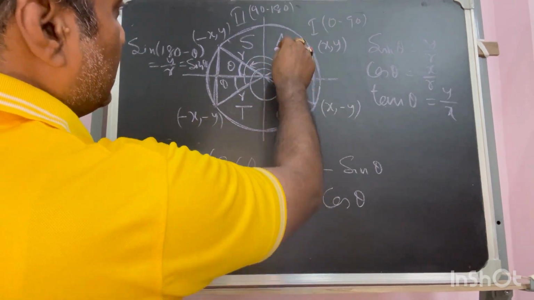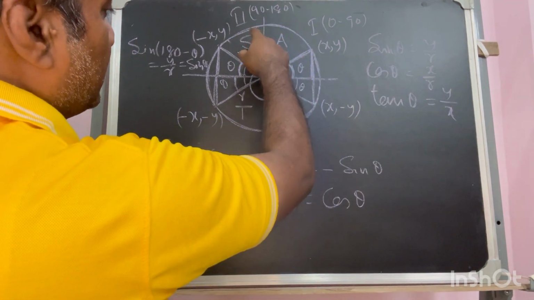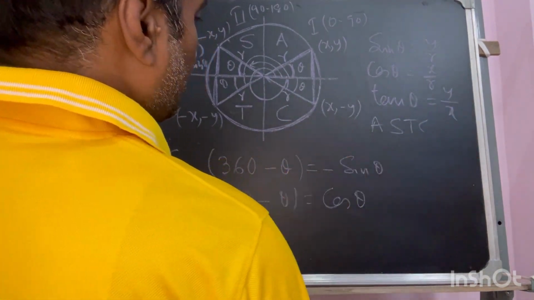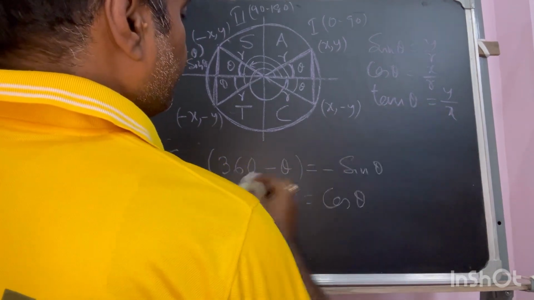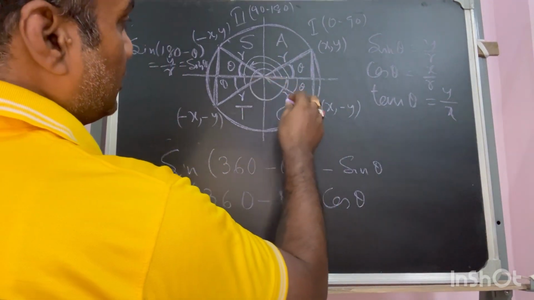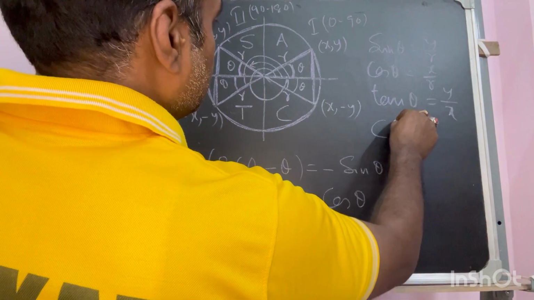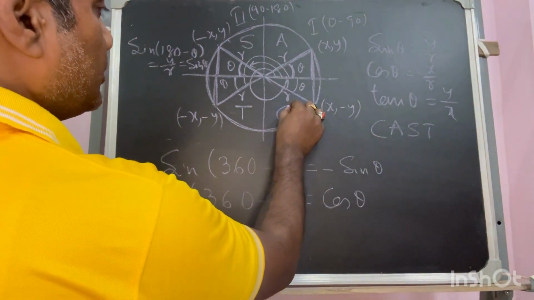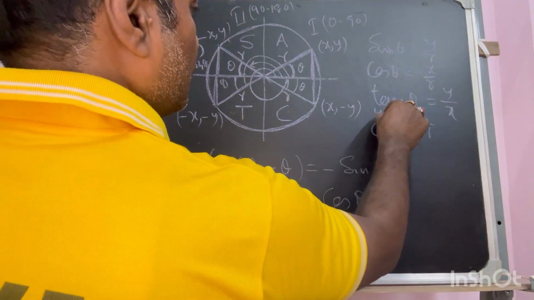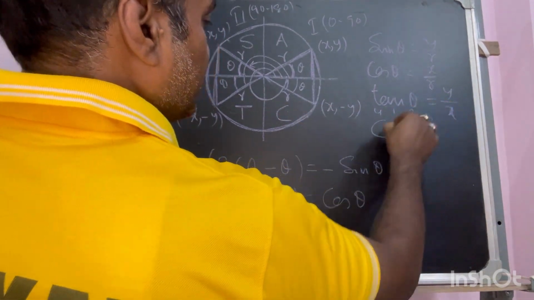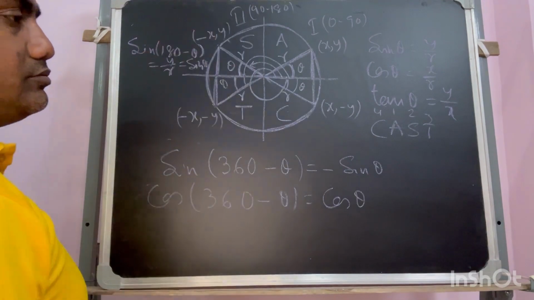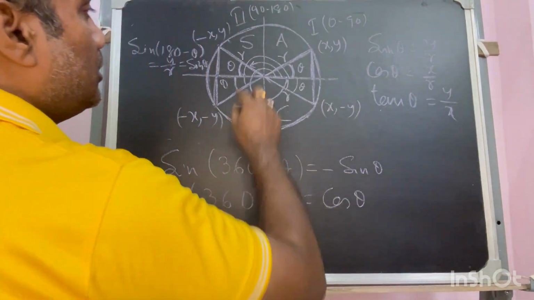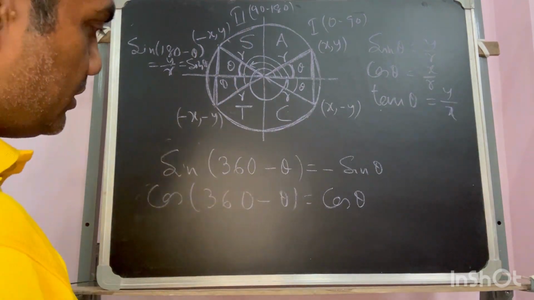To remember it, we can write it as ASTC, or if it is not making any particular word, CAST is a particular word that has some meaning. So we can remember from the fourth coordinate, 4, 1, 2, 3, CAST is the thing to remember, or all, sine, tan, cos, this way also you can remember.